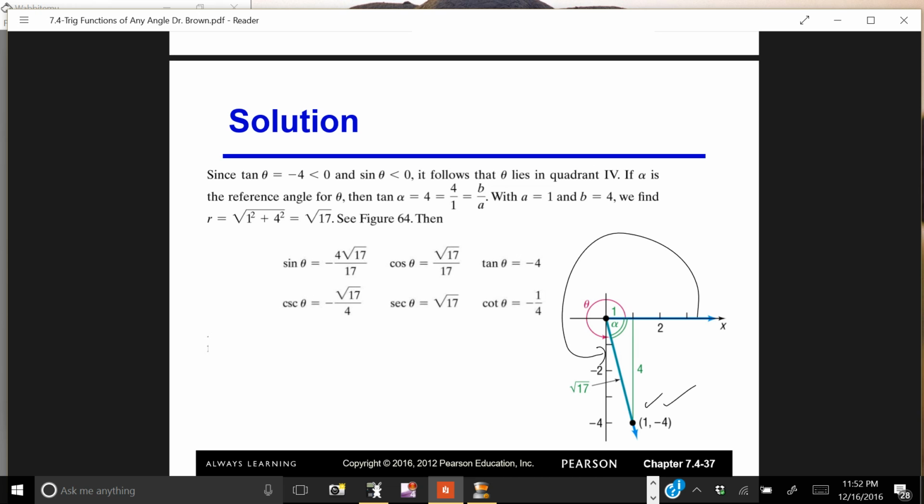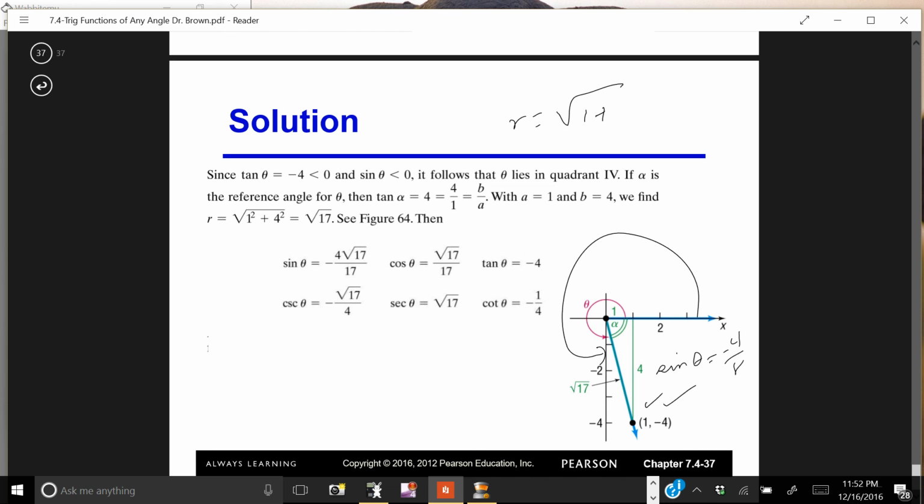The tangent then would be minus 4, which is B over A. And notice sine of theta is equal to B over R, which is minus 4 over R. Notice that R is the square root of 1 plus 16, equal to the square root of 17.